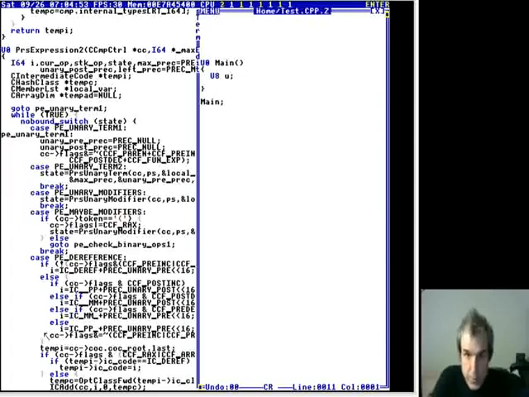But normally typecasting is prefix. Normally you say prefix, but it's exactly the same except it's postfix.